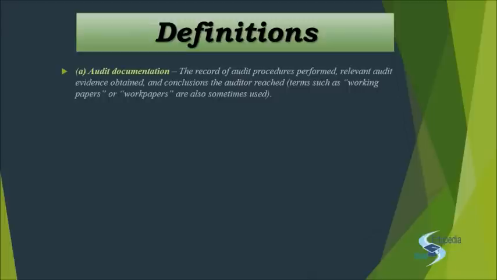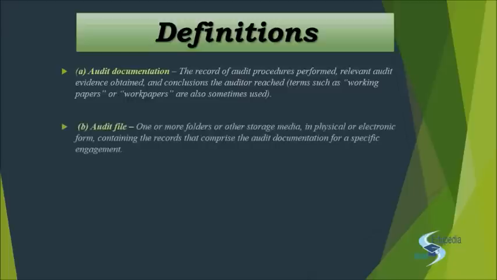And all such documentation will have to be contained in one place, which is one file. So let us see what an audit file is. An audit file is one or more folders or other storage media, in physical or electronic form, containing the records that comprise the audit documentation for a specific engagement.